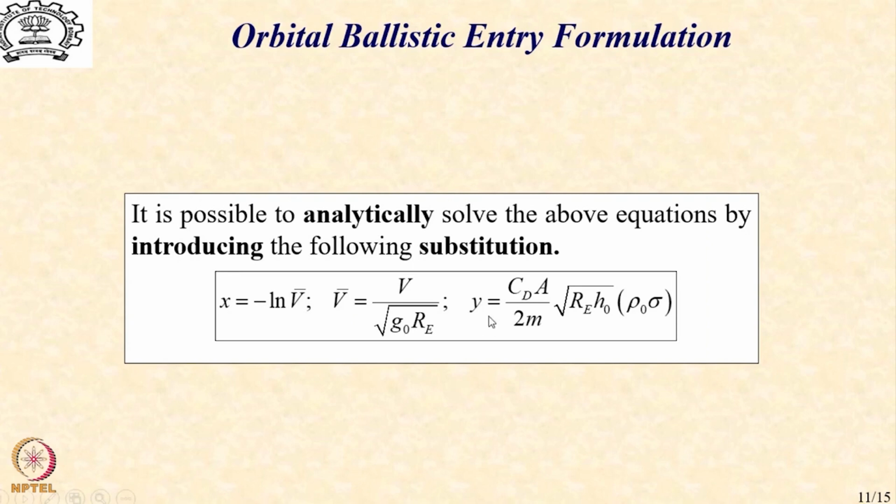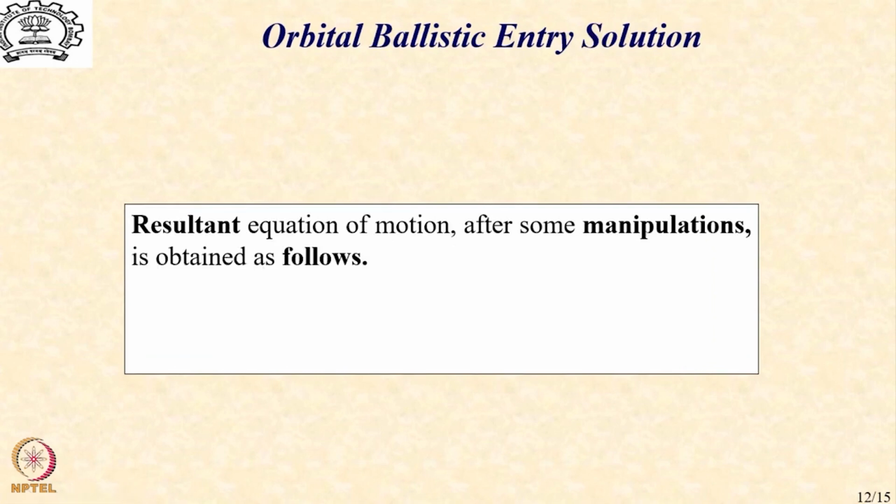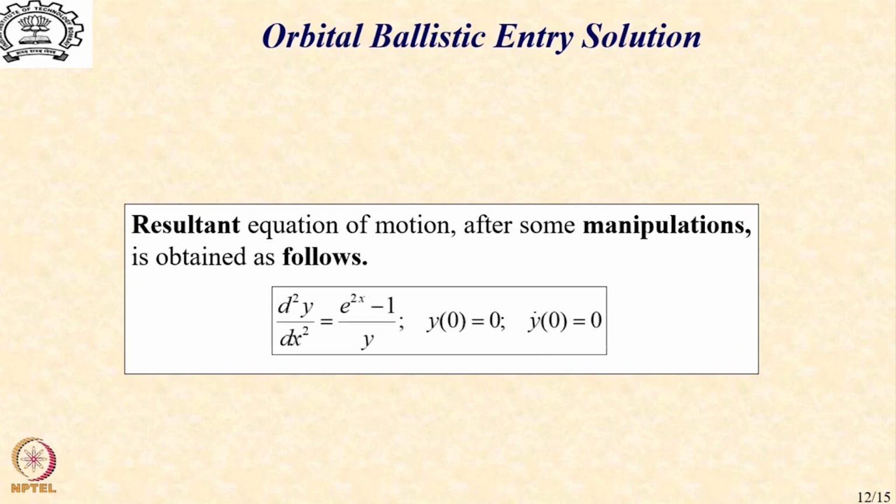Then we also introduce another parameter y in terms of the drag coefficient, the frontal area, and the other parameters of the problem. We can do a bit of algebraic manipulations, after which the resultant equation of motion is obtained as follows.